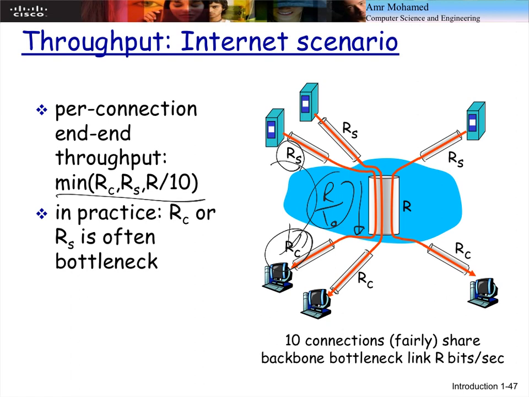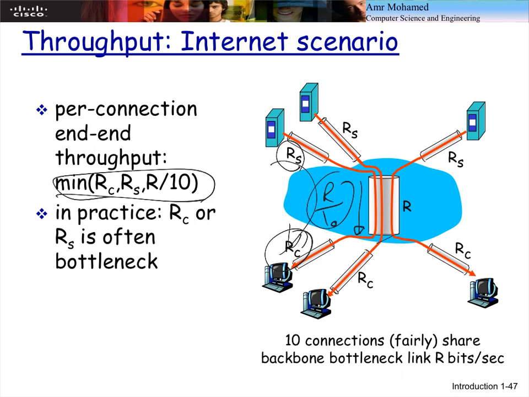So that's what this tries to explain here. Right? Is that clear? From this link's point of view, the average rate for each of the 10 connections is R over 10. And since we have 3 links for each connection, the minimum of all these throughputs will dictate the amount of throughput that you can get, because, as we said before, throughput is bottleneck based.